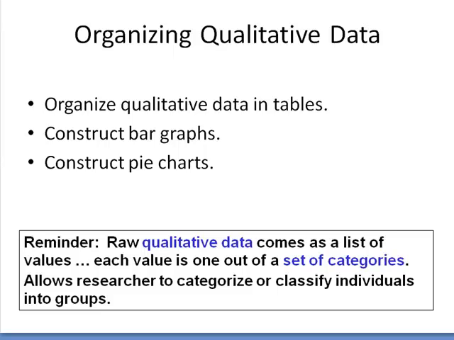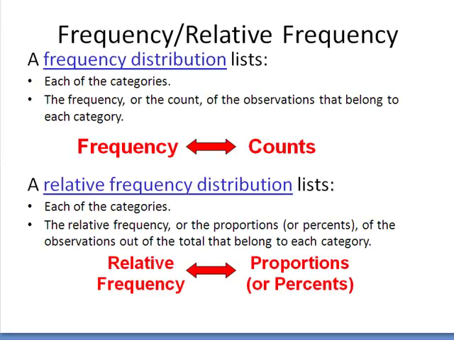Now, here's a reminder that raw qualitative data comes as a list of values. Each value is one out of a set of categories. It allows the researcher to categorize or classify individuals into groups. Now, we talked a little bit about frequency distributions and the relative frequency distribution. A frequency distribution lists each of the categories.